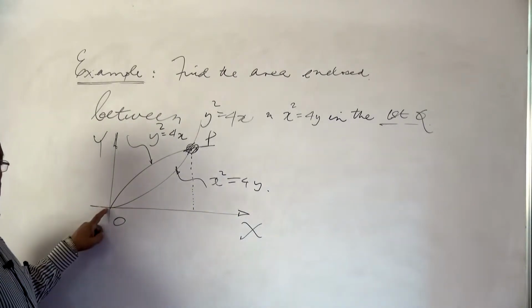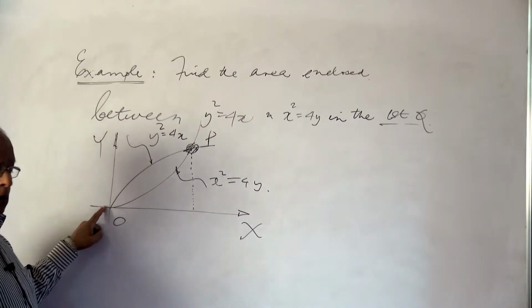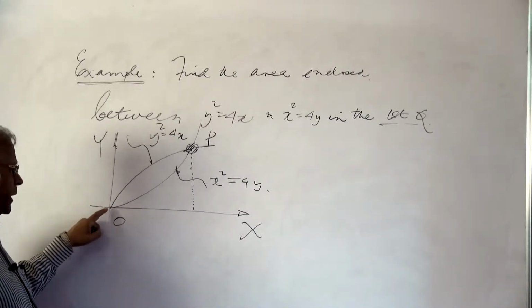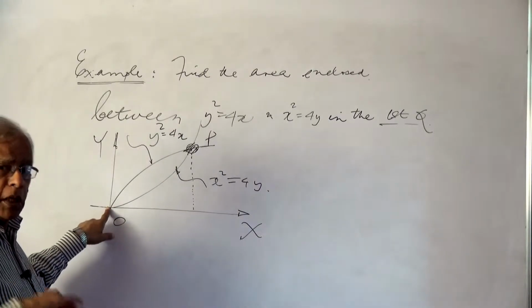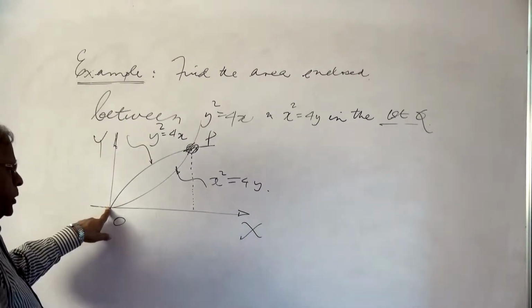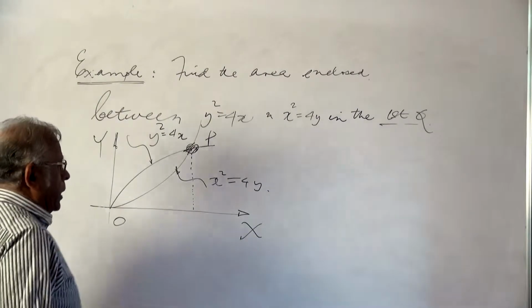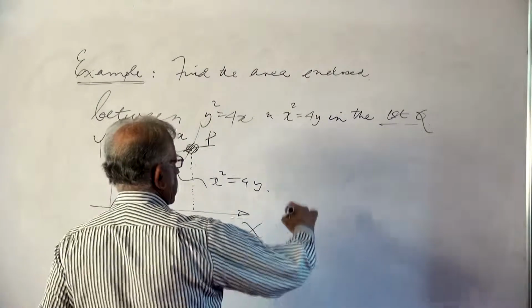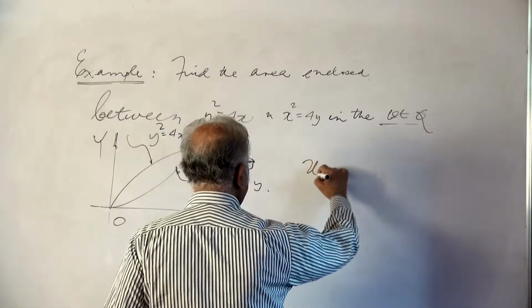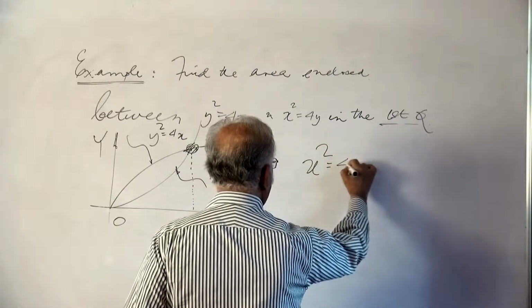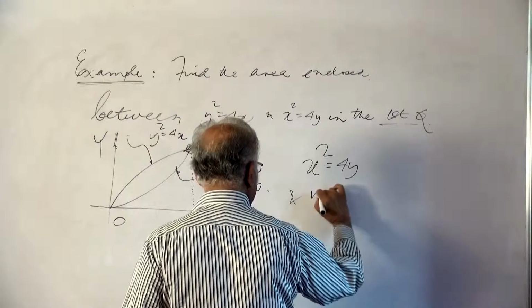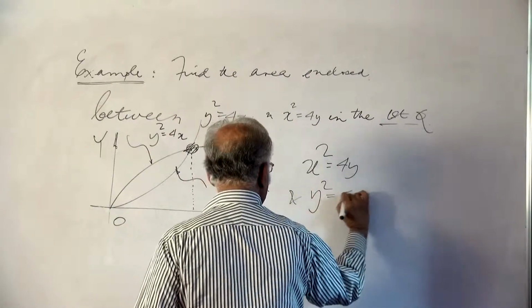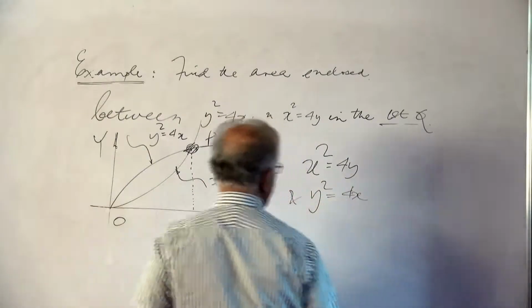One is this, which we fail to see quite often, but it is very evident that the origin is also a point of intersection, and that will emerge when we solve the 2 equations simultaneously. So now let us solve the 2 equations. x square is equal to 4y and y square is equal to 4x.